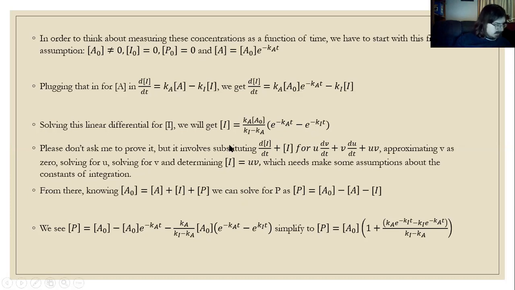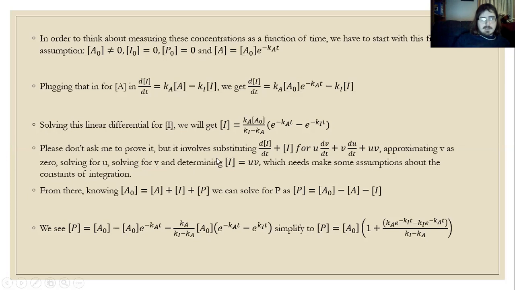I can prove this. It's a mess, but it involves substituting dI/dt plus I, or u dv/dt plus v du/dt plus uv, approximating v as 0, and then solving for u.